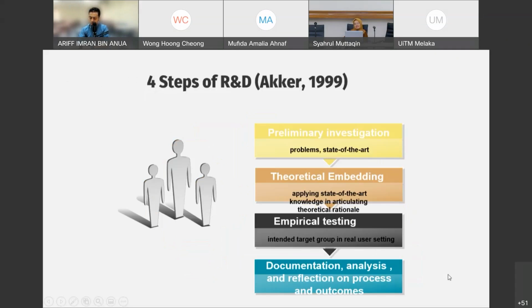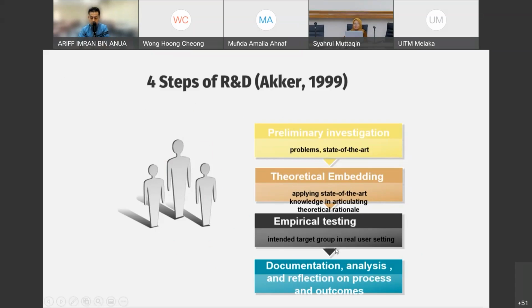And then the next is when you follow Akker. So the research and development only has 4 steps. The first is preliminary investigation, where you state the problem and also the state of the art of the research. And then the theoretical embedding, applying state-of-the-art knowledge in articulating the theoretical rationale.